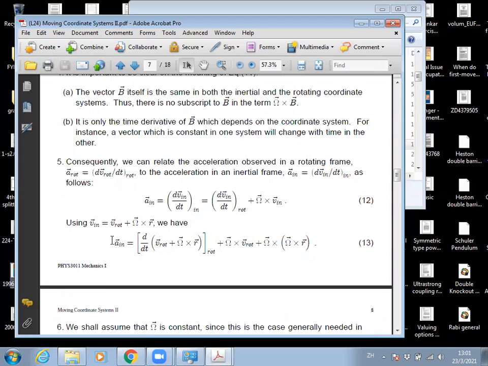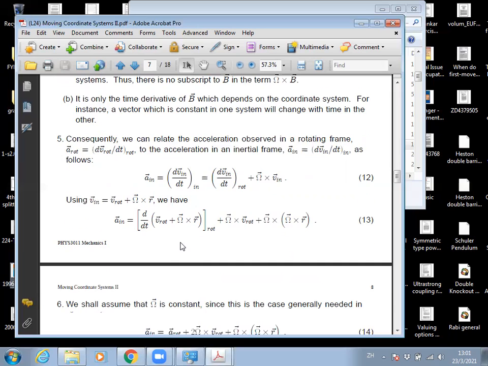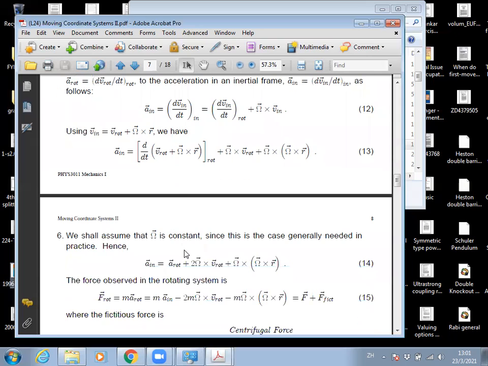We know that v in the inertial frame, which is dr/dt, is equal to dr/dt according to the rotating frame plus this compensation term. So we put this into equation 12, and we get equation 14.